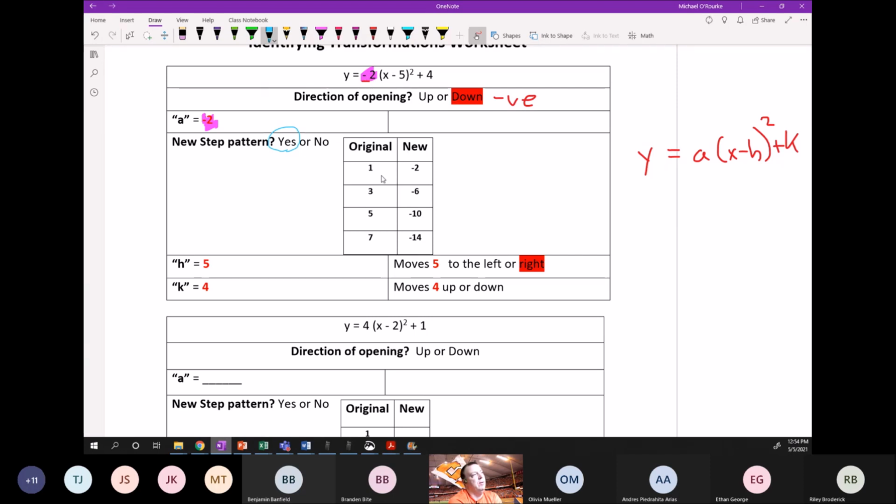And what is the new step pattern? I times everything here by -2. Then I ask, what's my h value? My h value is -5, or it's 5 here. And I'm going to move to the right because it's a negative in there, so it's going to be coming out. Then what's my k value? My k value is 4, so I'm going to move up 4.